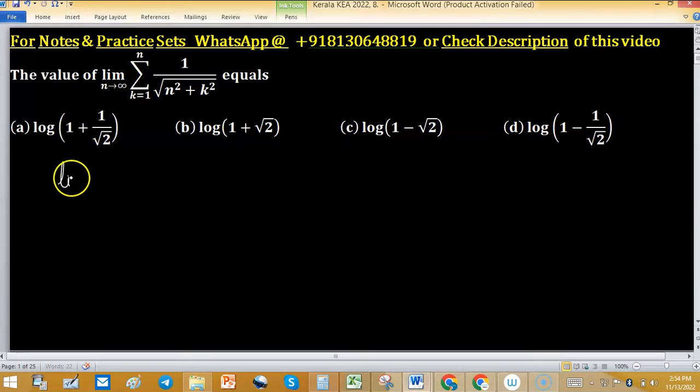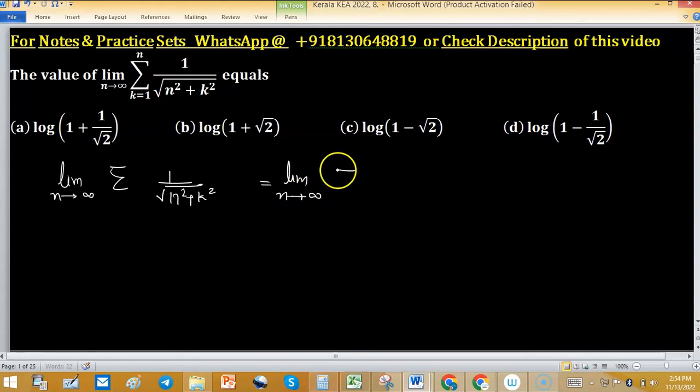To find the value of the limit as n tends to infinity of the summation of 1 upon square root of n square plus k square, we will use the concept of definite integral as a limit of sum. So I can write limit n tends to infinity, summation running from 1 to n, 1 upon n into 1 upon square root of (1 plus k square upon n square).